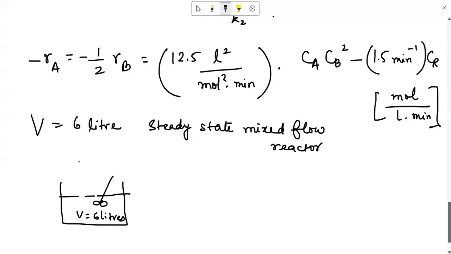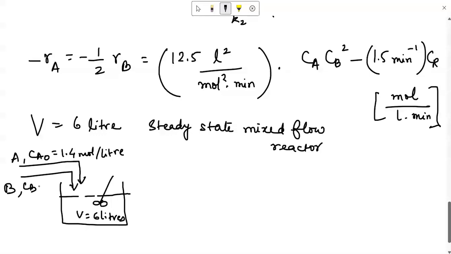In the input we have two streams. One is of A, where the initial concentration of A is 1.4 moles per liter, and another stream B, where the initial concentration is 0.8 moles per liter, in equal volumetric flow rates.